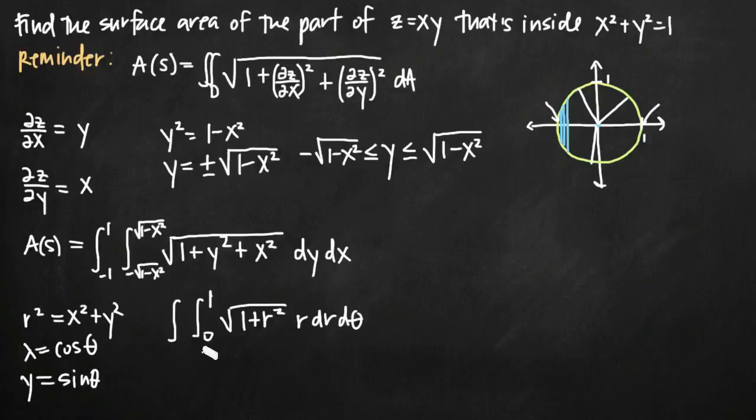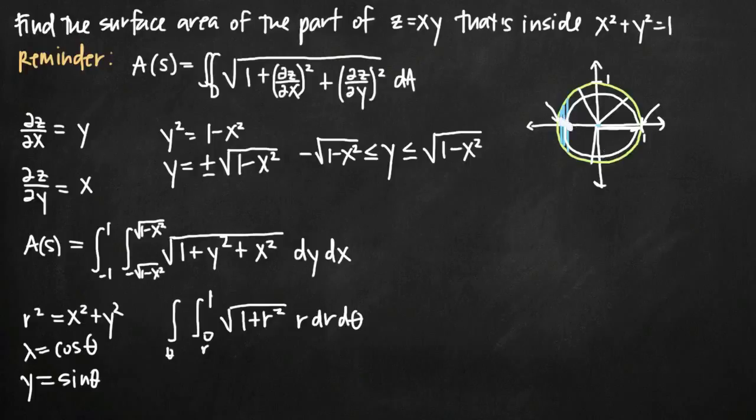Now, these are my limits of integration here with respect to r. I'm also going to need limits of integration here with respect to theta. Now for theta, remember theta is the angle. We want to talk about the smallest and largest angles that bound this circle. Well, since it's the entire circle and we want the whole area, obviously the smallest angle is just the angle 0 here along this axis, and then we can go around the entire circle all the way back to an angle of 2 pi because we want to get the full circle here.